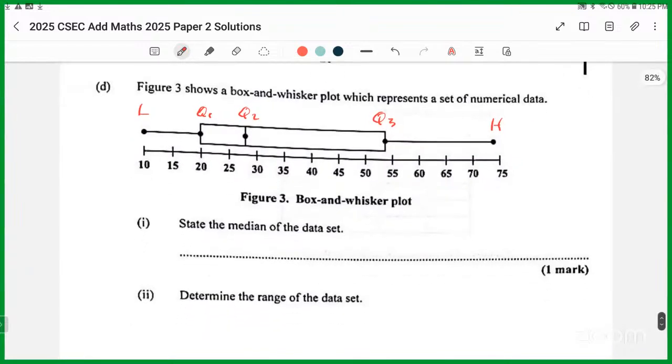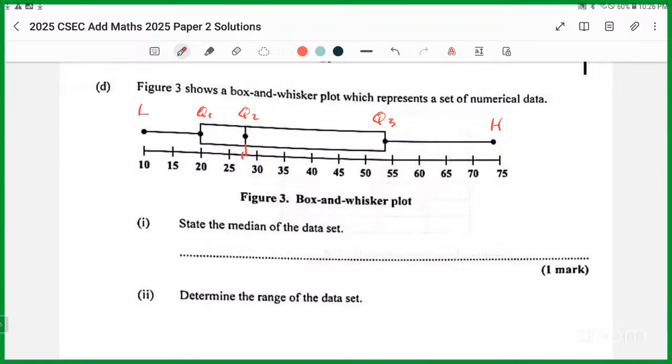It says state the median. So the median is the value right here. That doesn't look like halfway between 25 and 30. It looks like a bit more.